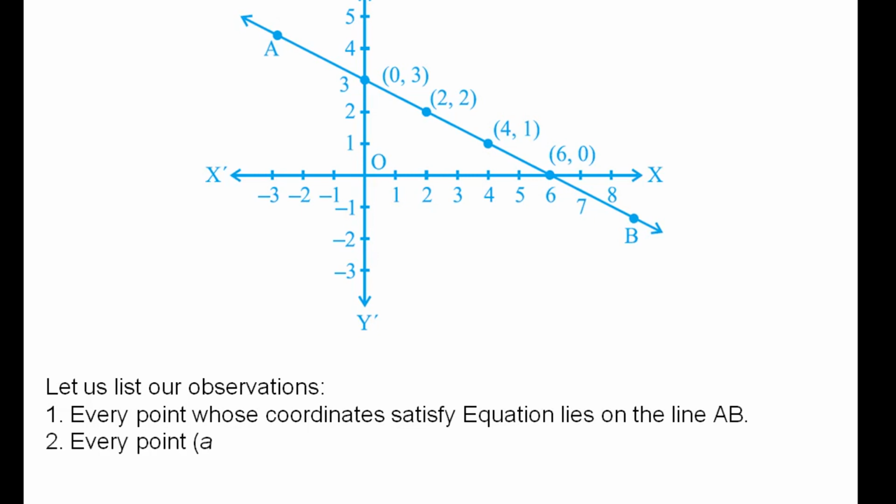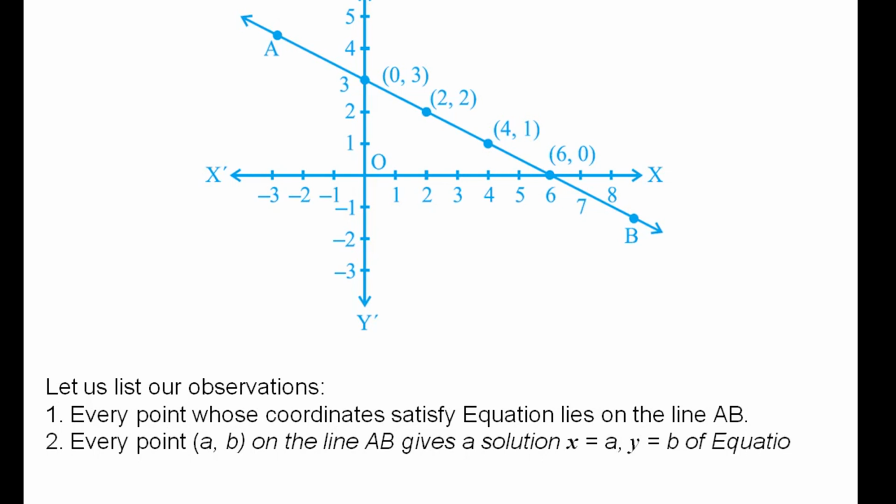Second observation is that every point (a, b), meaning the value of x is a and the value of y is b, on the line AB gives a solution of this equation.